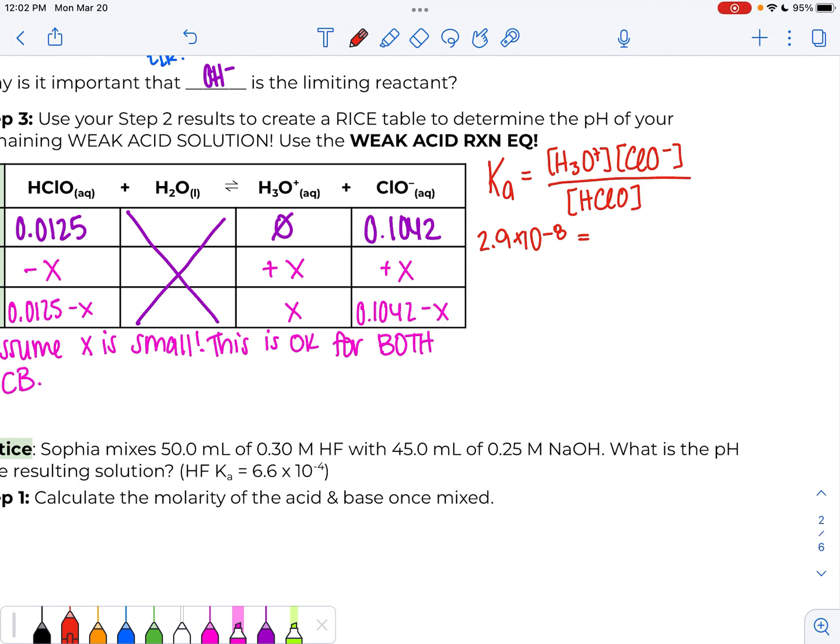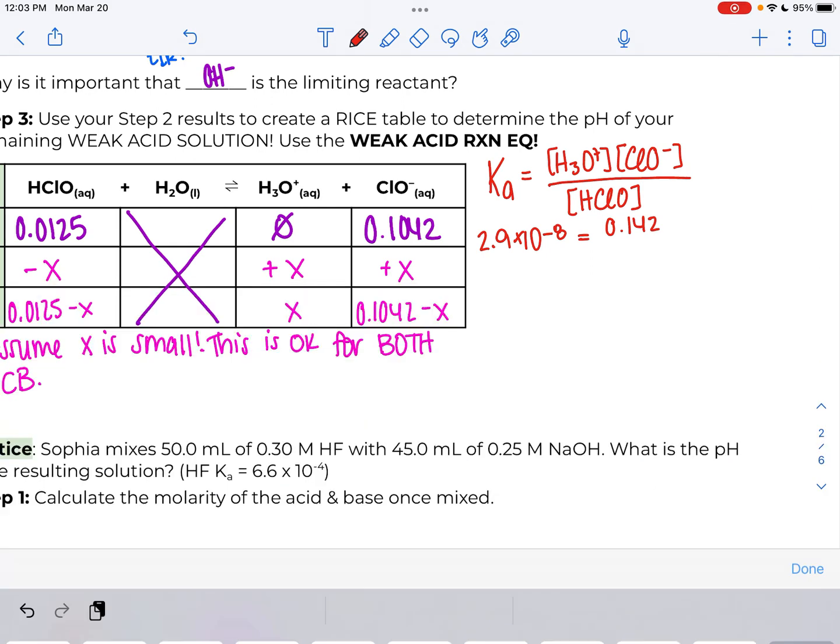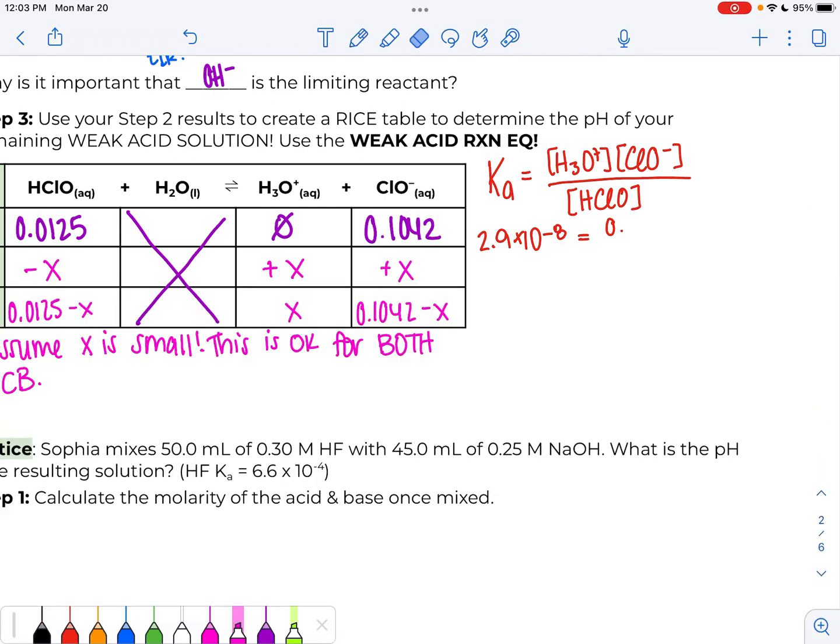Plugging in all of my x's, I end up with 0.142, 0.1042 x in the numerator, and then the denominator 0.0125. So doing some quick algebra, plugging in the calculator, solving for x, we end up with an x value of 3.479 times 10 to the negative ninth.